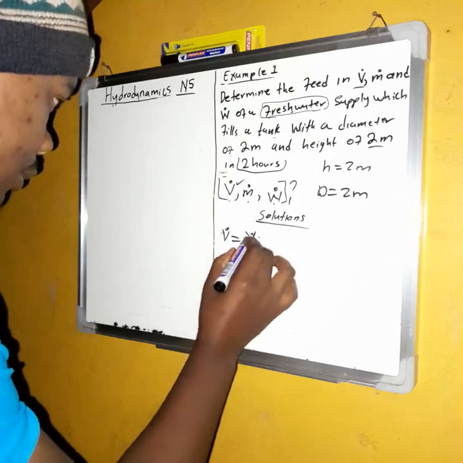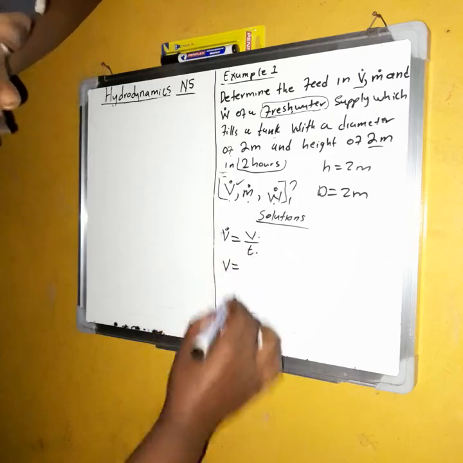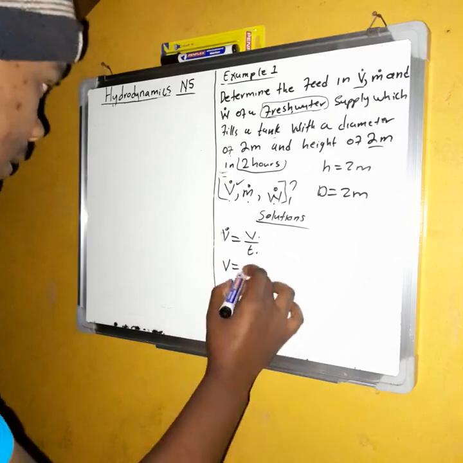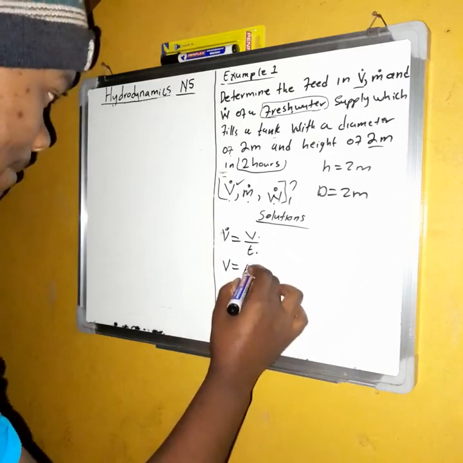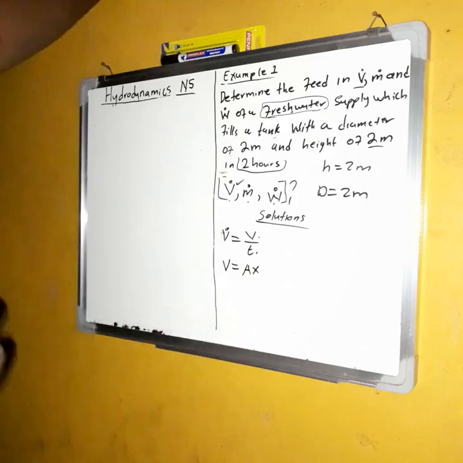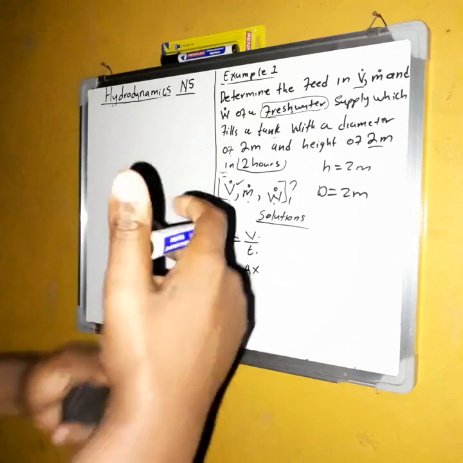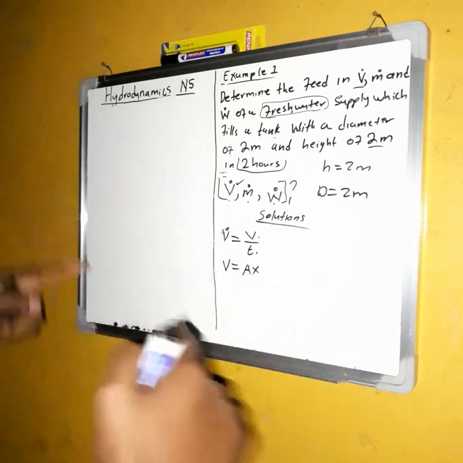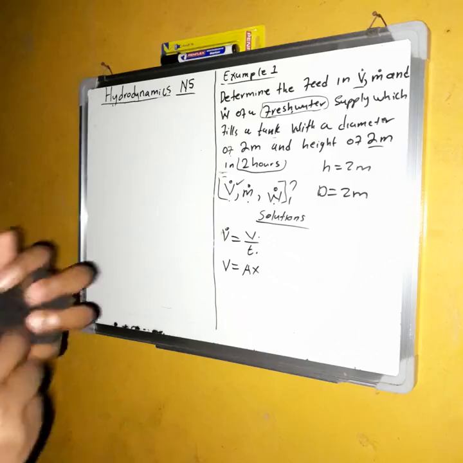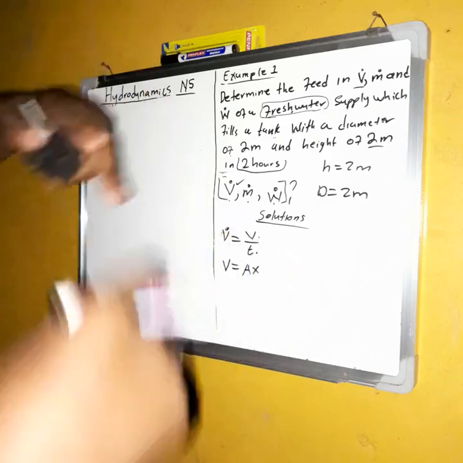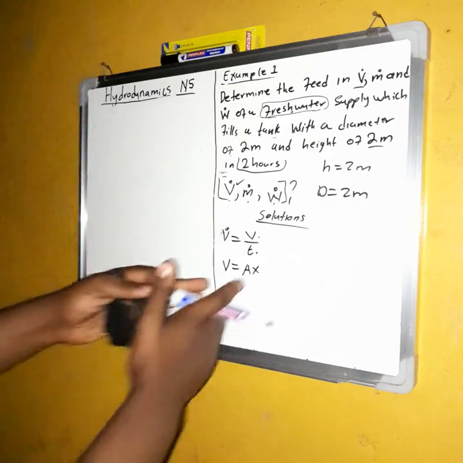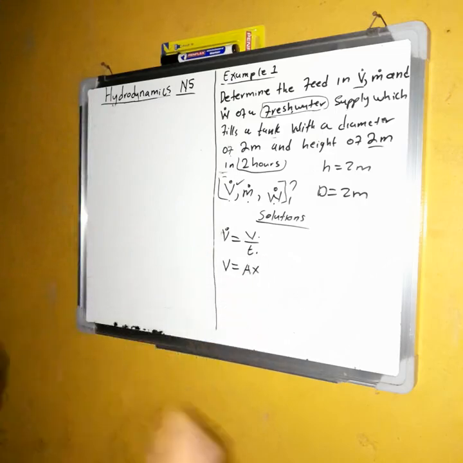The volume is area multiplied by, if you're dealing with a piston, the stroke length, but if you're dealing with a vertical pipe, it will be h, the distance that the water traveled.